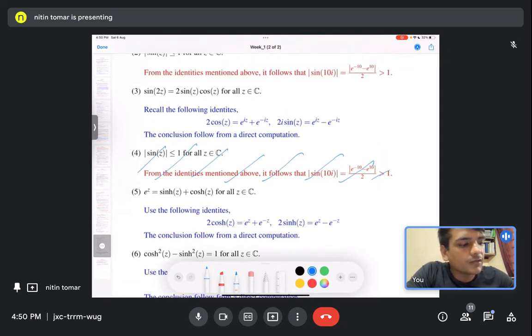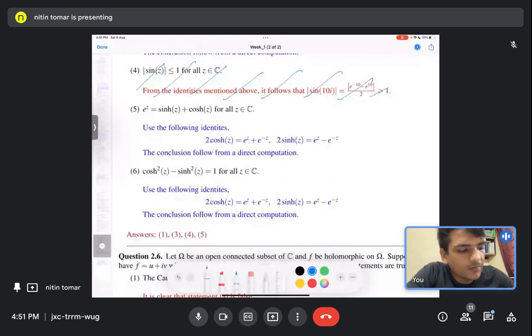Again, to prove the third identity, you just use these two definitions, sine and cosine. The next two identities are about sine hyperbolic z and cos hyperbolic z. How do you define them? 2 times cos hyperbolic z is e to the z plus e to the minus z, and 2 times sine hyperbolic z is e to the z minus e to the minus z.